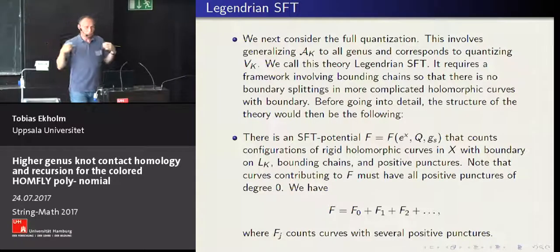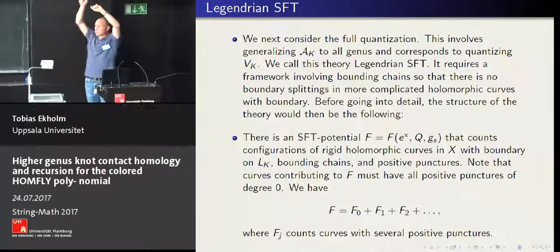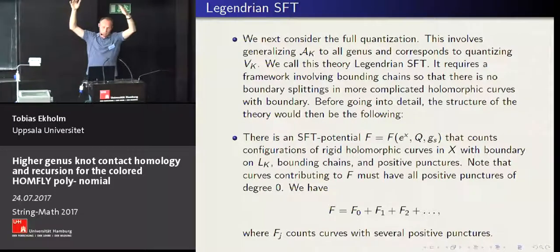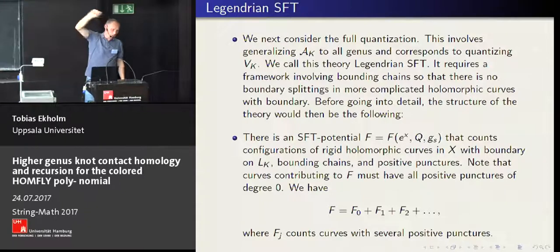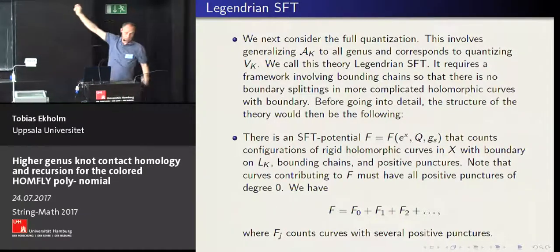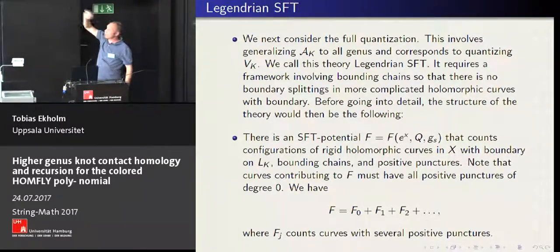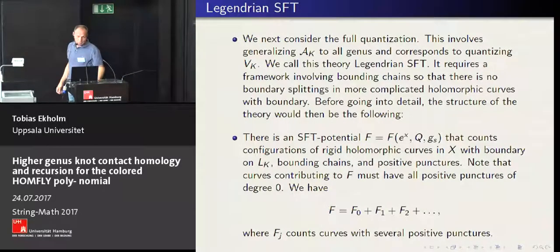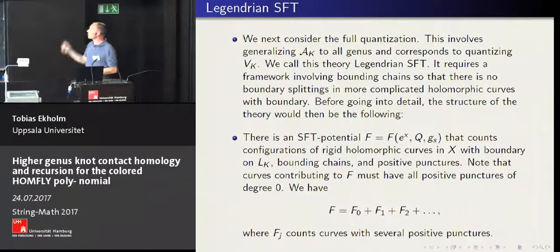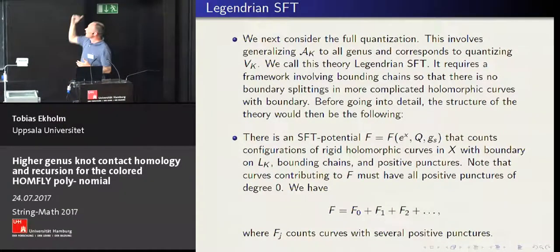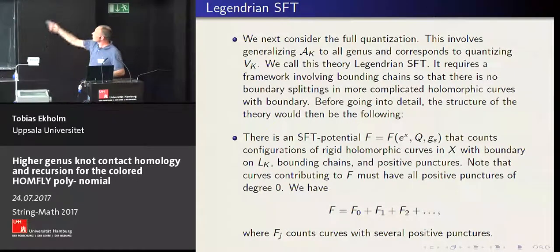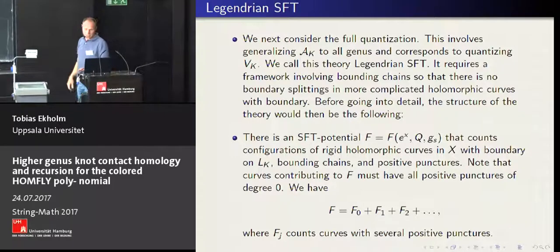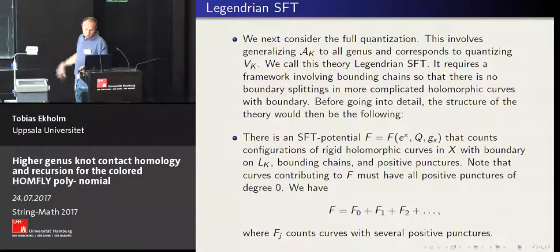Rather, we have to count all the ones which also have positive punctures. So in this case, for the knot, the dimension of a curve is just the sum of degrees of the Reeb chords at its positive punctures. That means that we have curves with no positive punctures, then those with 1 positive, 2 positive, and all of these positive punctures have to have degree 0.